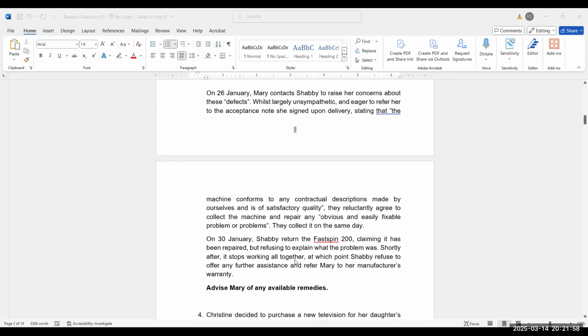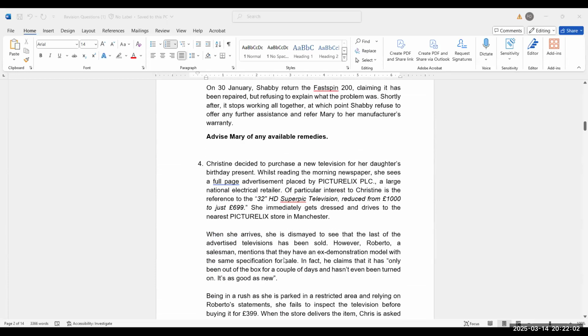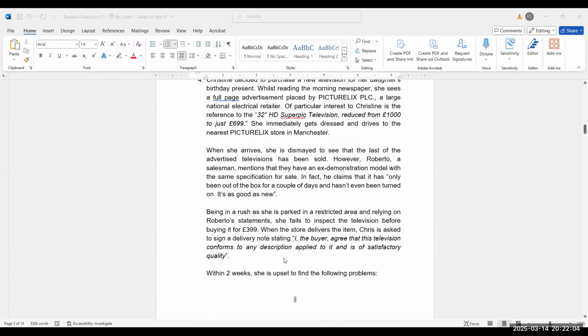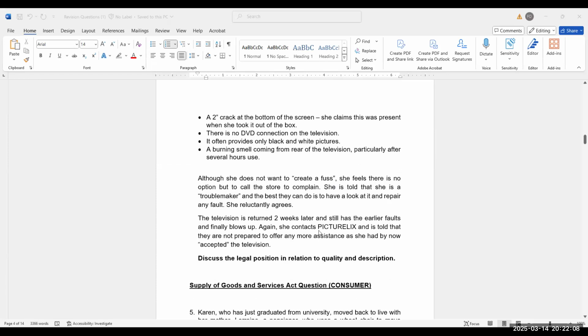And then number four, that's a domestic one, which is a consumer contract where you'll be talking about sections 9, 10, 11, etc. So I hope that answers your question. You're not applying both SGA and CRA. You're applying the CRA because it's the relevant provision.